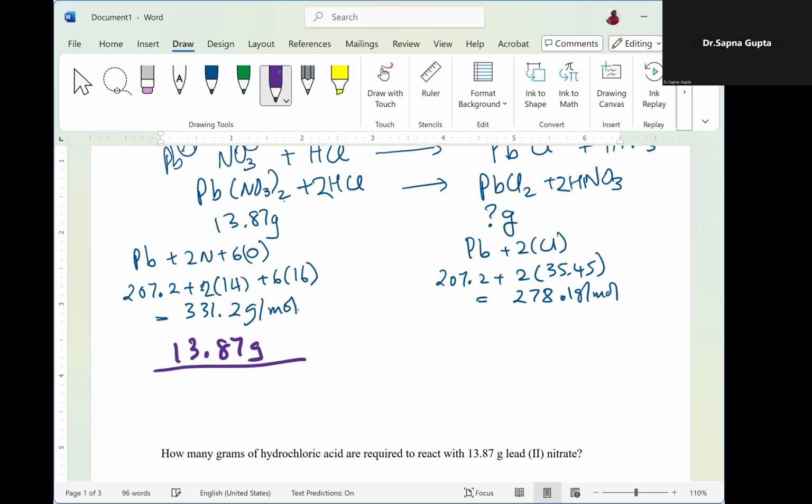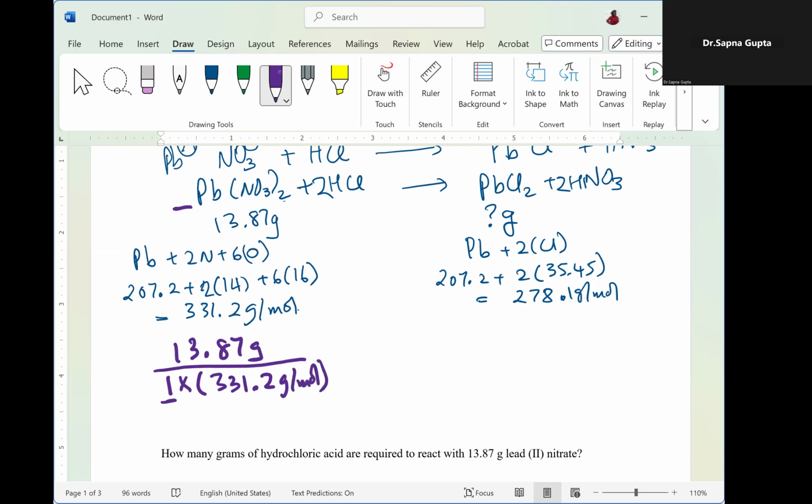And then you're going to divide this by the molecular weight. But don't forget, in front of lead nitrate, there is no number, which means that the stoichiometric value there is 1, the coefficient. So I'm just going to write the 1 there just so that you know. If you don't do it for lead nitrate, I totally understand because obviously there is nothing there, but anyway, write the units as much as you can.